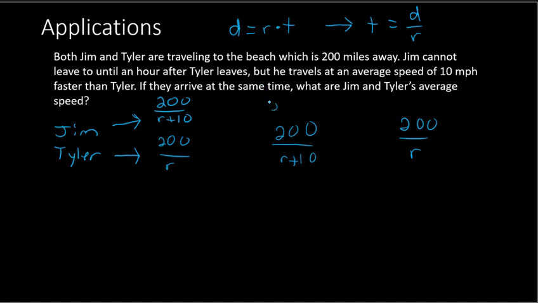Jim is leaving an hour after Tyler, so that means Jim is traveling an hour less than Tyler. So if we subtract 1 from Jim's time, now that's going to be equal.